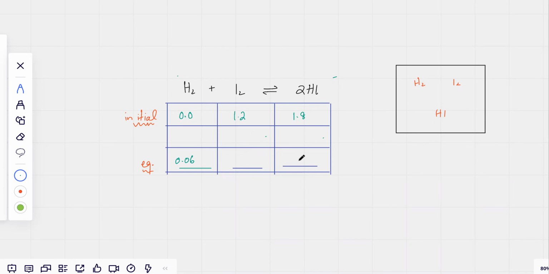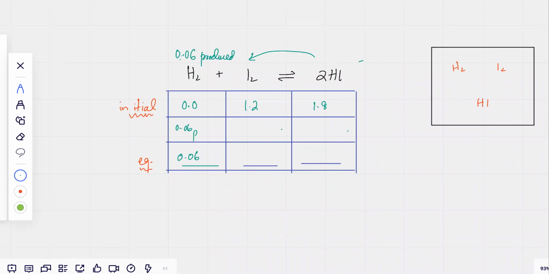So during whatever happened in those several days, there must have been some backward reaction, and you had an extra 0.06 moles getting produced. And if 0.06 moles are produced, then it's 1:1, so 0.06 moles of I2 must have been produced as well.